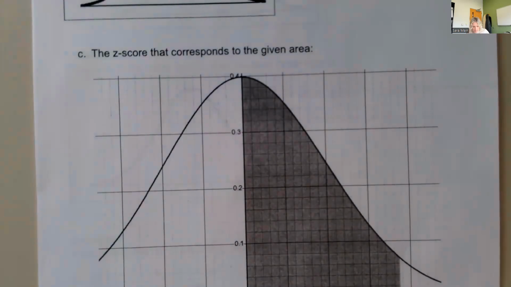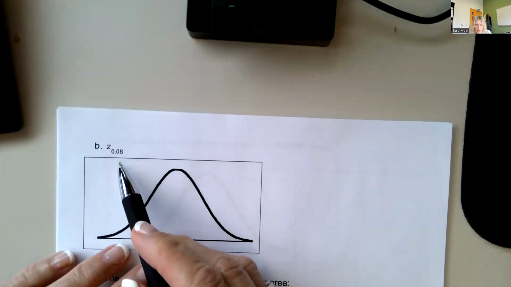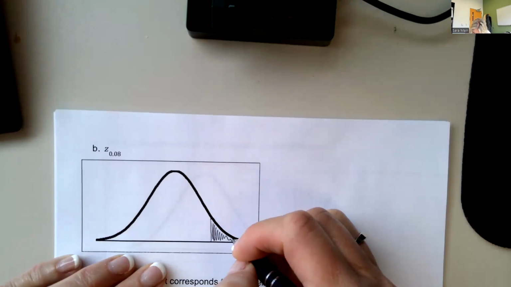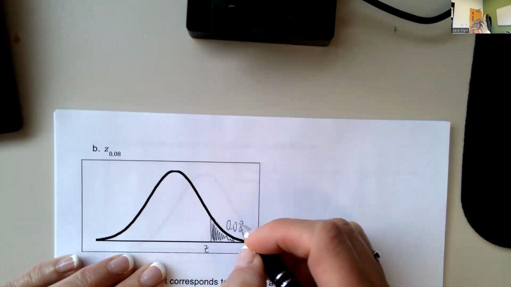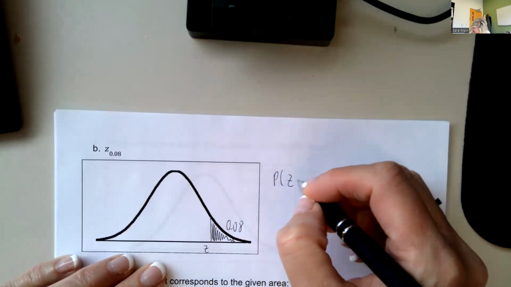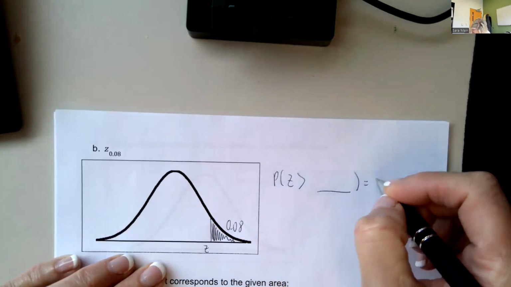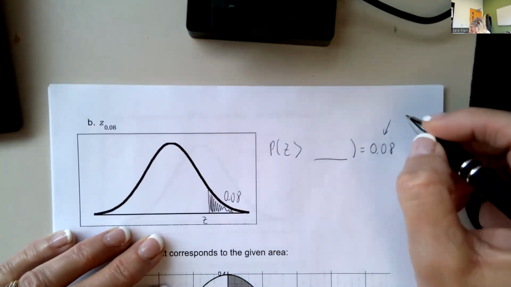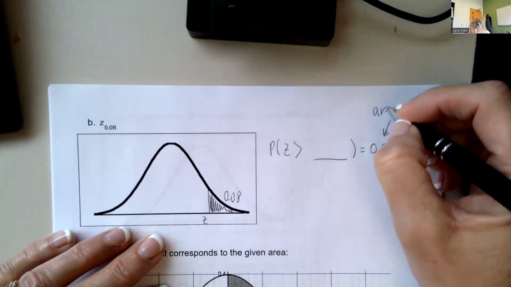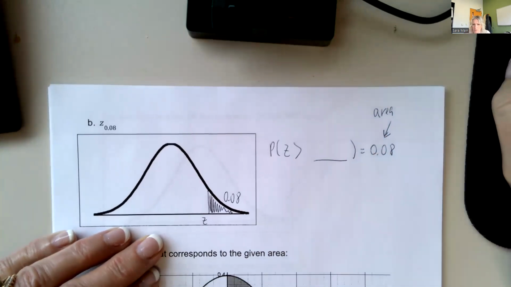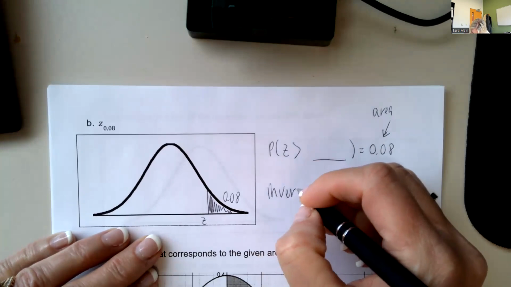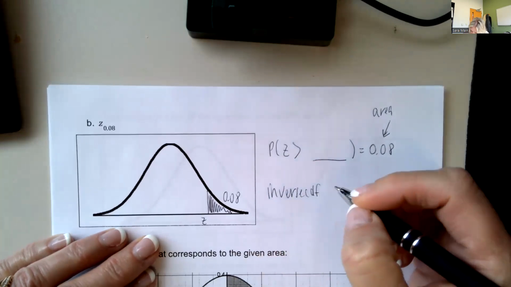So let's look at another example. The next one says z of 0.08. So this is going to be the positive z that goes with 0.08. So the probability that z is greater than some z is the area of 0.08. So we're going to use our inverse CDF.